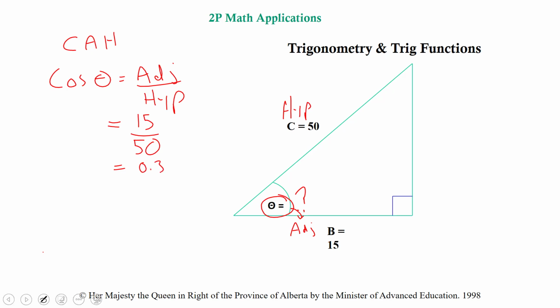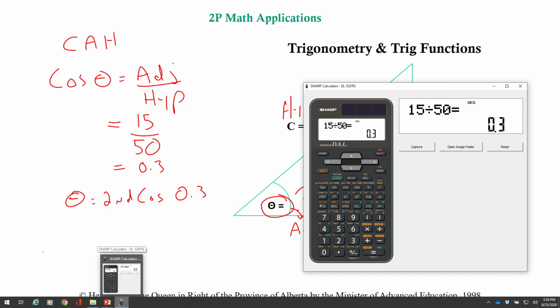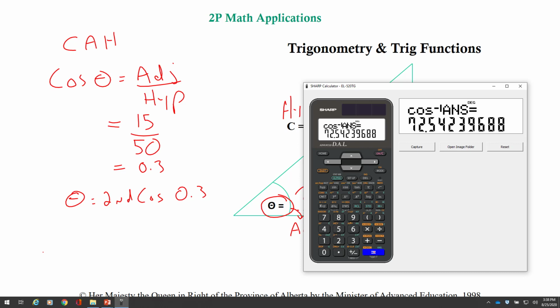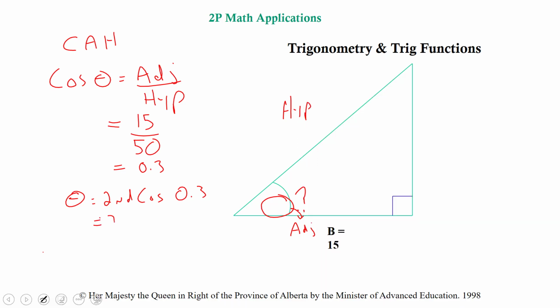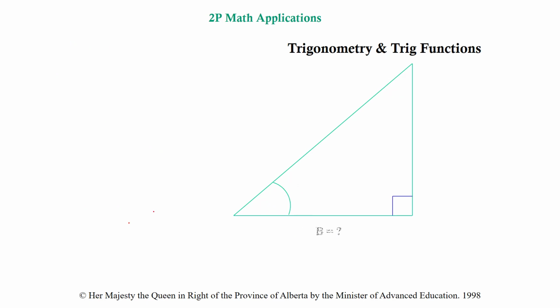If I want to figure out what angle theta is, it's second function cos 0.3. Second function cos equals 72 degrees, roughly.